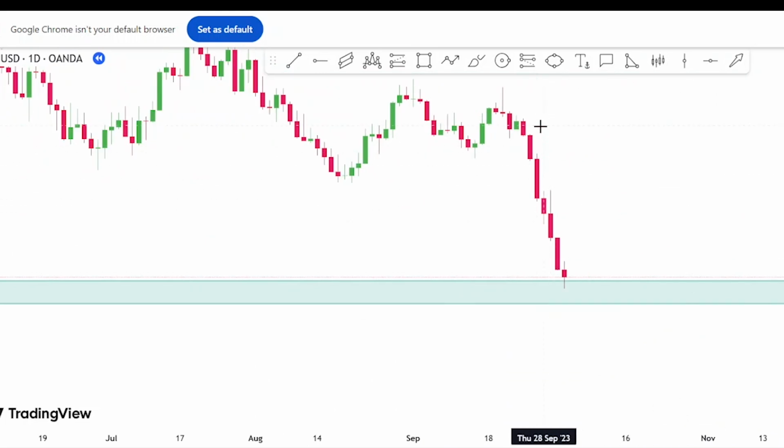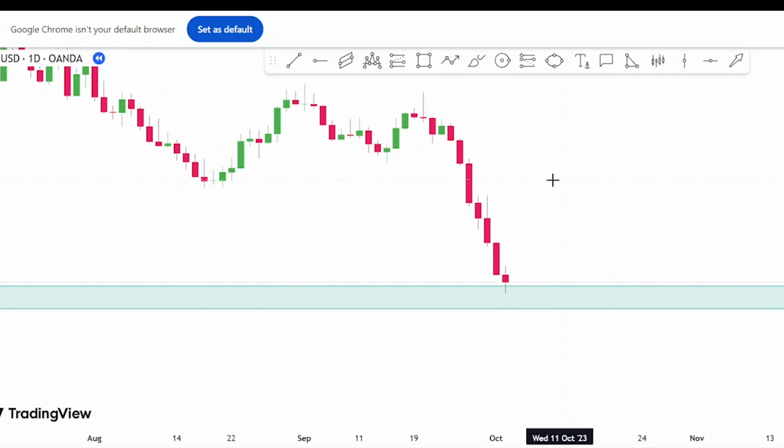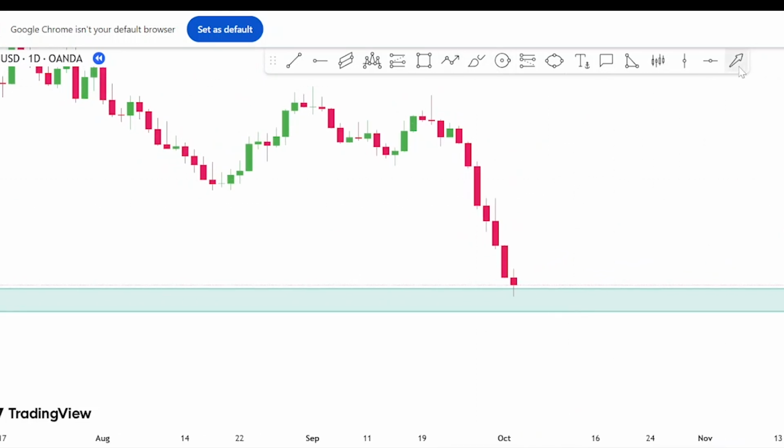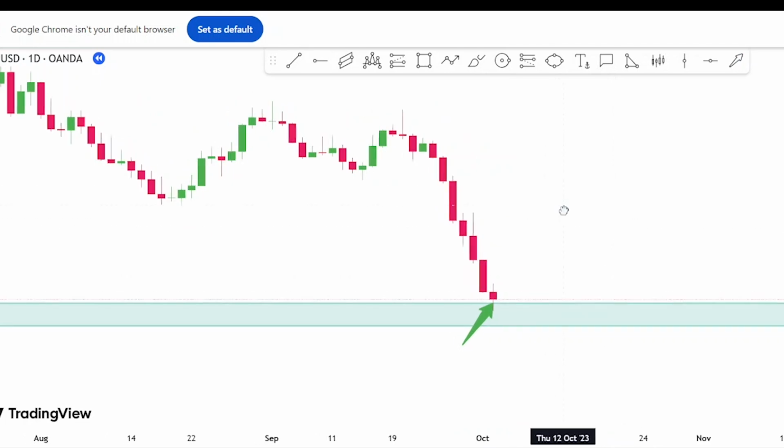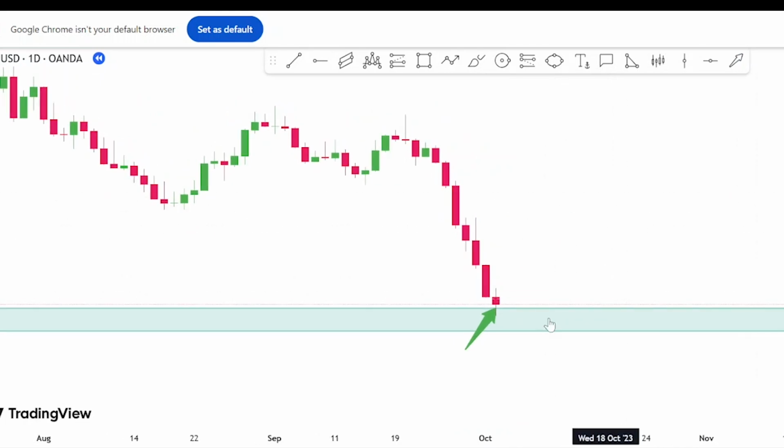You can see this candle is smaller, and even from the downside we started seeing some kind of rejection from the lowest point. That is a support. So we are waiting for a reaction from this area, but with the confirmation of a bullish candle. So let's see what happened.